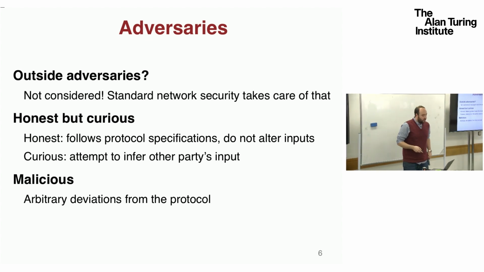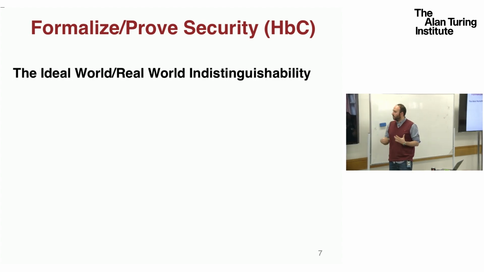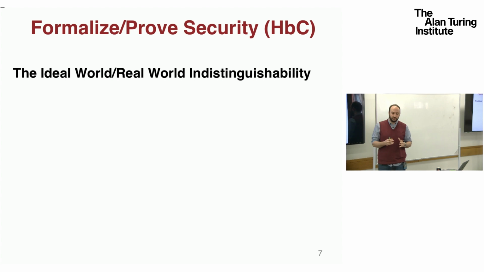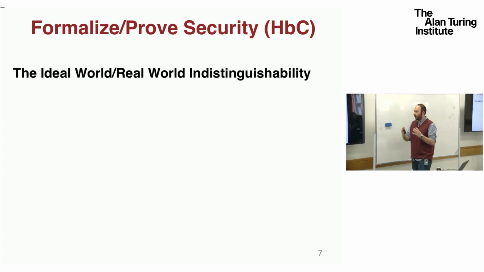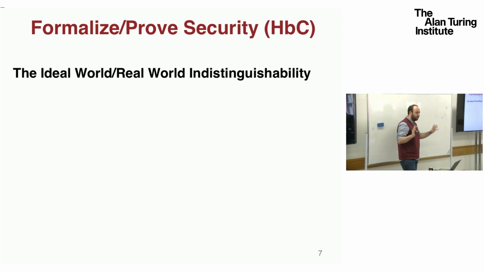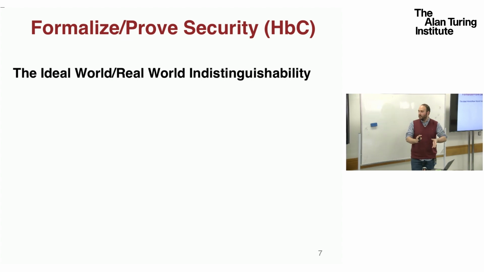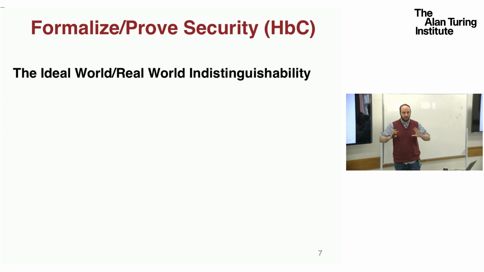Okay? Right. So how do we formalize and prove security? Well, I already sort of mentioned that in the honest but curious model, we consider these two worlds: the ideal world, where you have a trusted third party that falls from the sky, and Alice and Bob give their input to it, and the trusted third party computes the function for them without disclosing anything else.